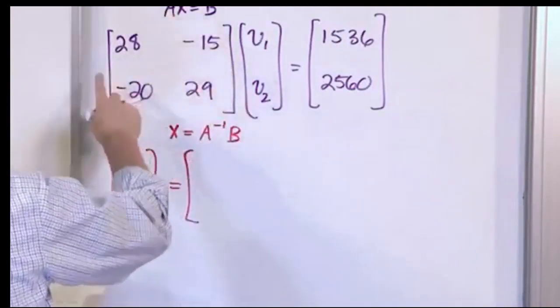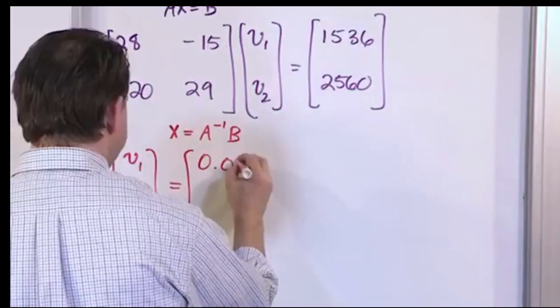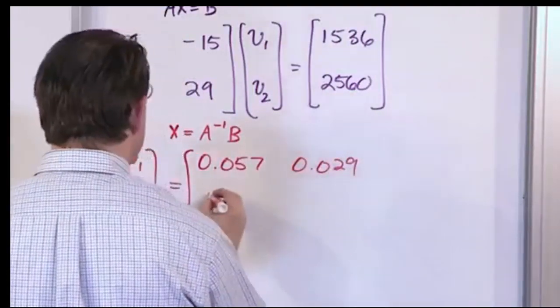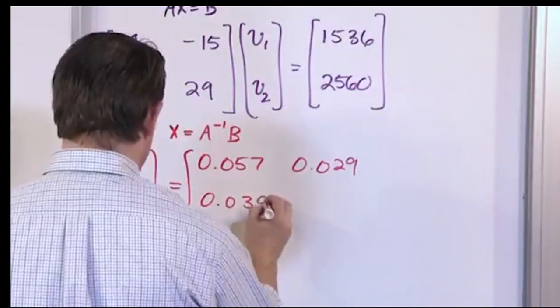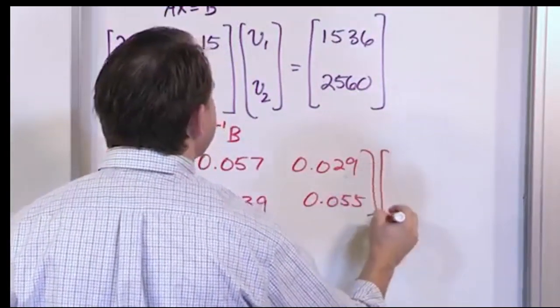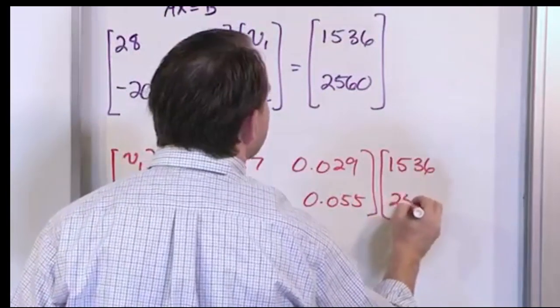When you take this matrix and you stick it in a calculator, hit the inverse button, you will see 0.057, 0.029, 0.039, 0.055. That is the inverse. This is the right-hand side, 1536, 2560.